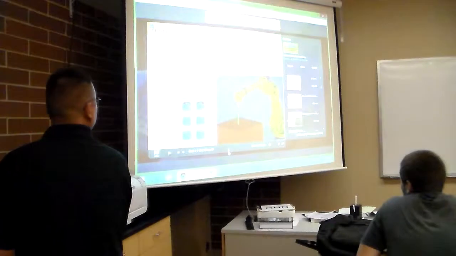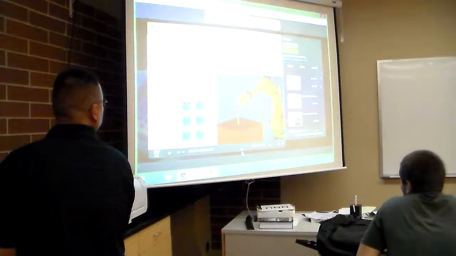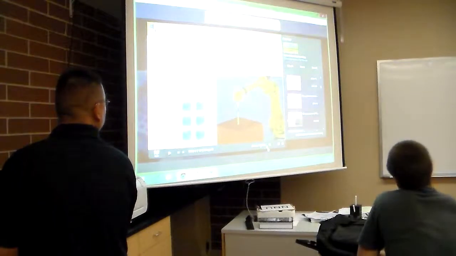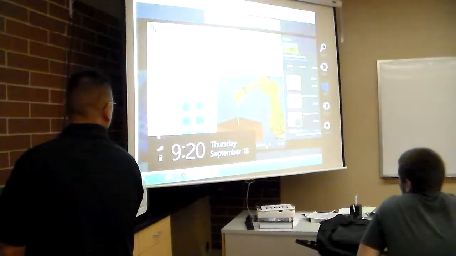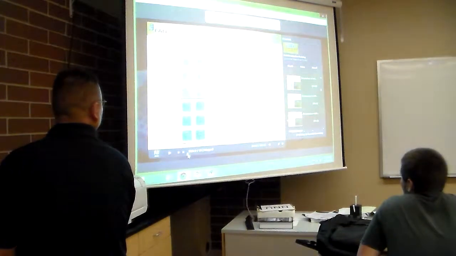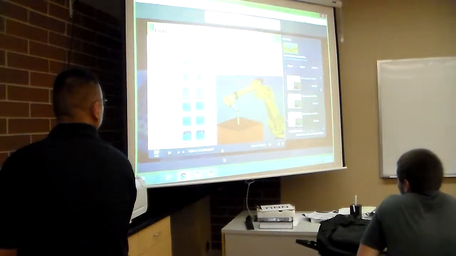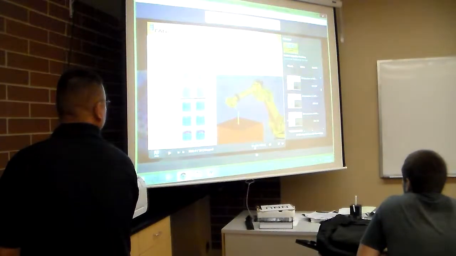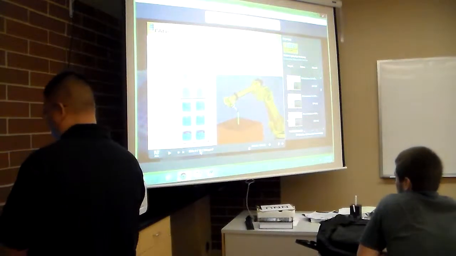So we have seen this. This is rotation around X, that's the yaw. And then this is the rotation around, what axis is it rotating in? Y. So it's rotating about Z. Okay, so that's the roll.